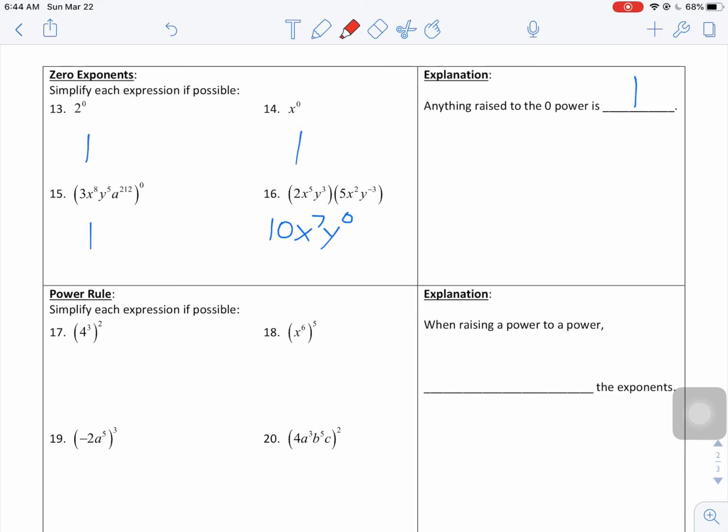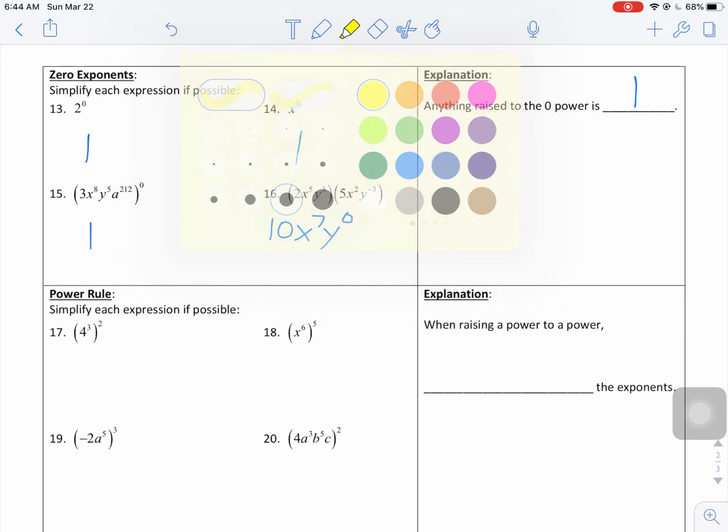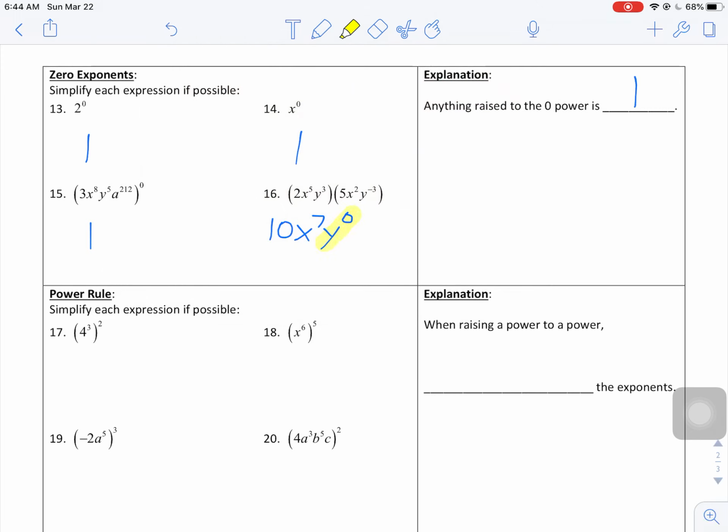Let me make that a little less crazy looking. So that's just 1. So since that is a 1, we want to simplify that to just 10x to the 7th. Because 10x to the 7th times 1 is 10x to the 7th.